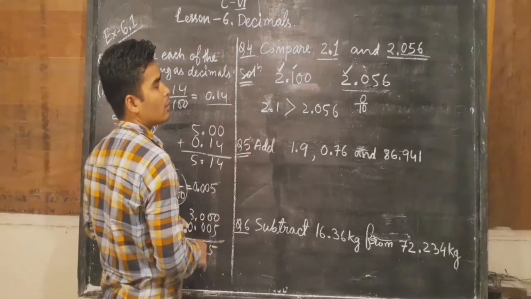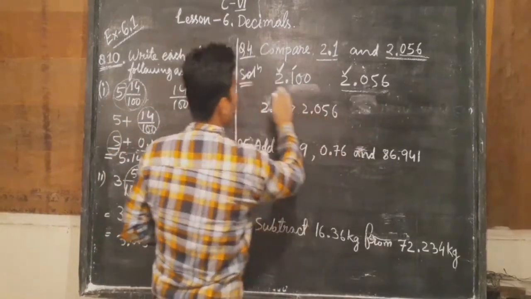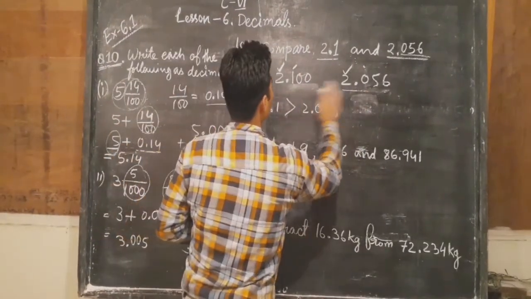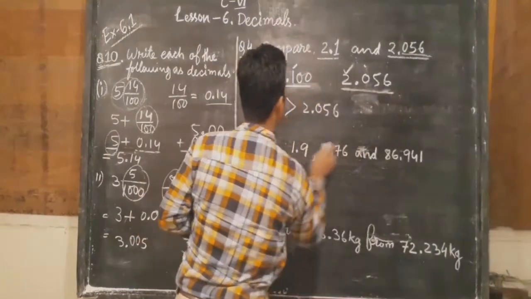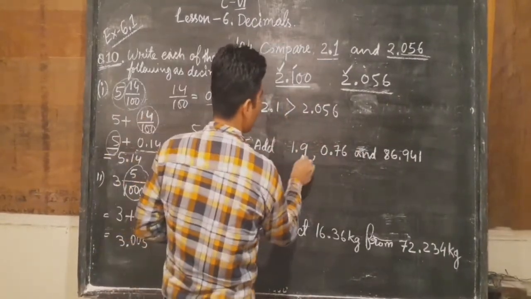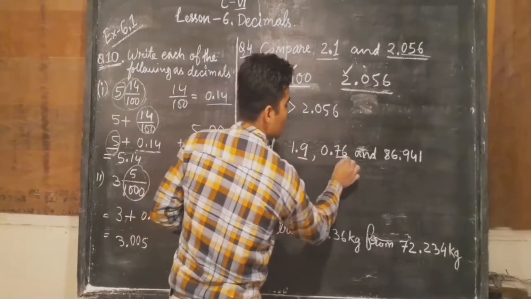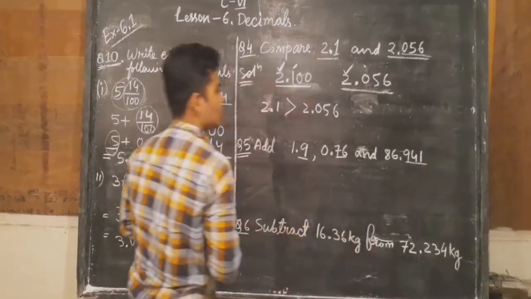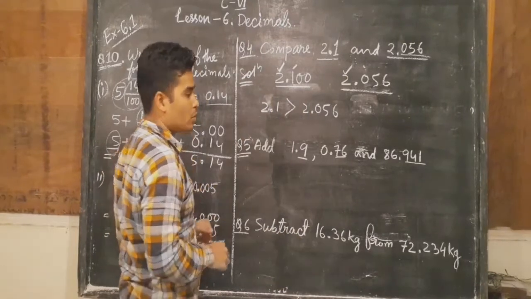So we can compare easily if we make them like decimals, like this. After making like decimals, we can do comparison very easily. Here also you can see it has 1 decimal place, it has 2 decimal places, it has 3 decimal places. So normally what do students do?